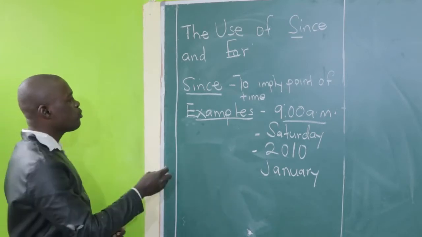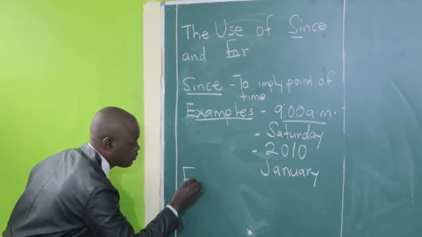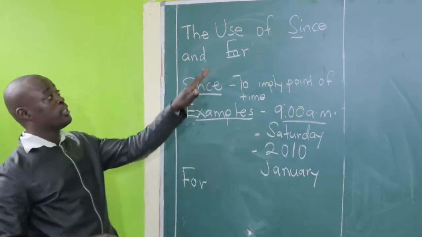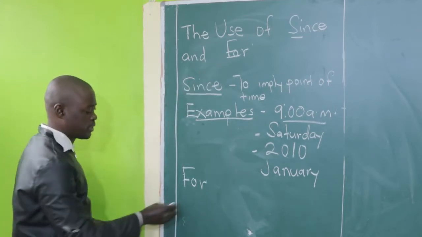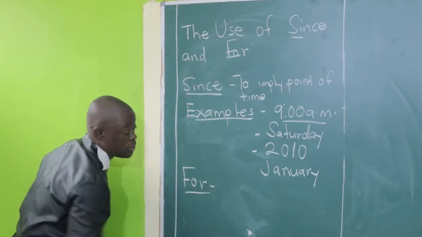Now, when do we use for as a preposition? Like I told you, since and for, we're going to look at them as prepositions in this aspect. So for, when do we use for?